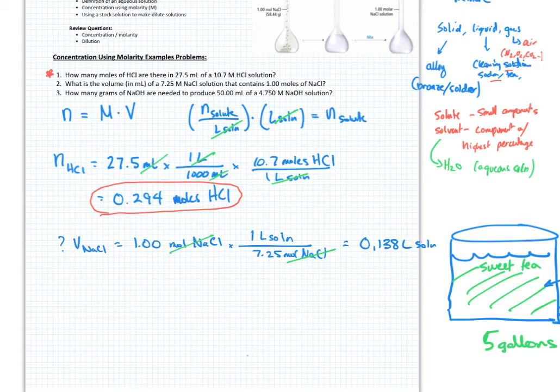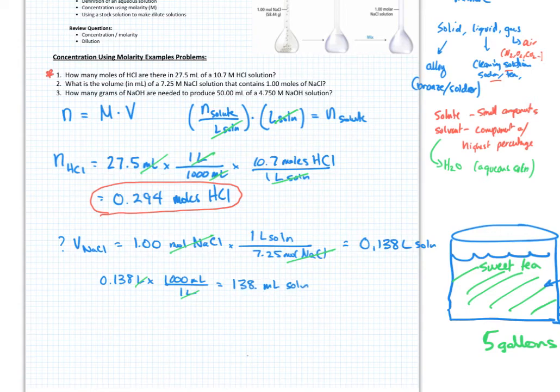Now it's asking for milliliters, so I say 0.138 liters times 1,000 milliliters for every 1 liter. Liters cancel liters, and that equals 138 milliliters of solution.